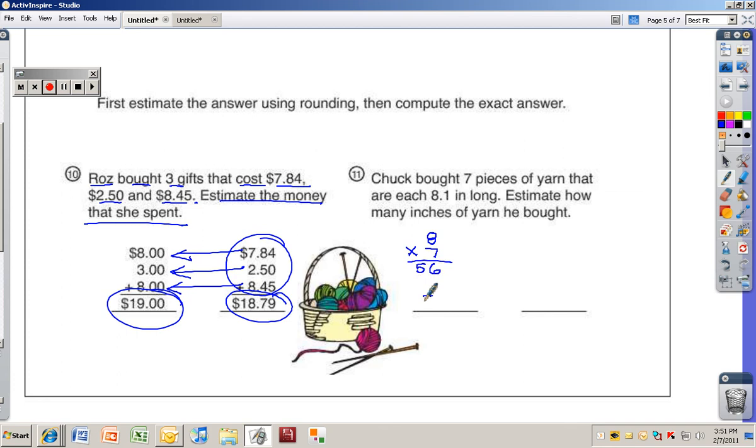So that's 56 inches long. And then this one you go 8.1 times 7, which would be 56.7 inches long. Great job, Haley. That's what you should have had on your answer.